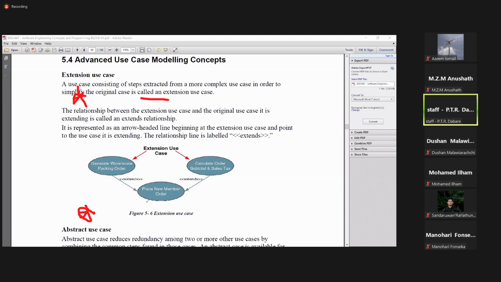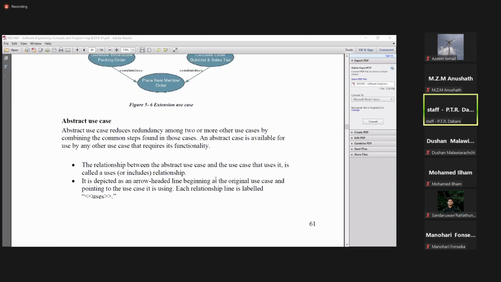So the original use case is place new member order. In order to simplify that, you can have two extends. Then you will have another one that is the abstract use case. This is like includes, also known as uses.